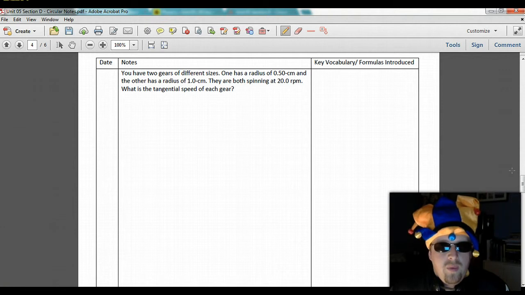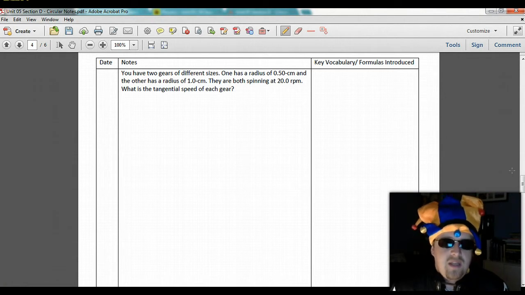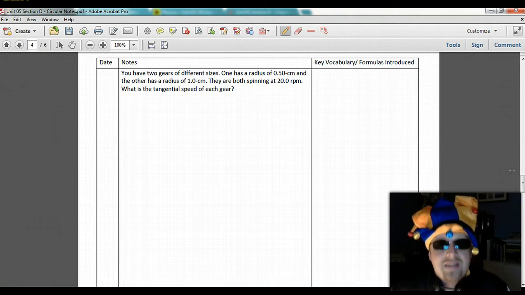Just before we move on, one last shout out: you have a homework quiz tomorrow, which is Friday. We're going to take about half the period. I'm not going to be collecting the homework packets, but make sure that you have your homework done and that you are really actively engaged in looking at the material and prepping for this homework quiz, because it'll be one of your last grades for the semester.